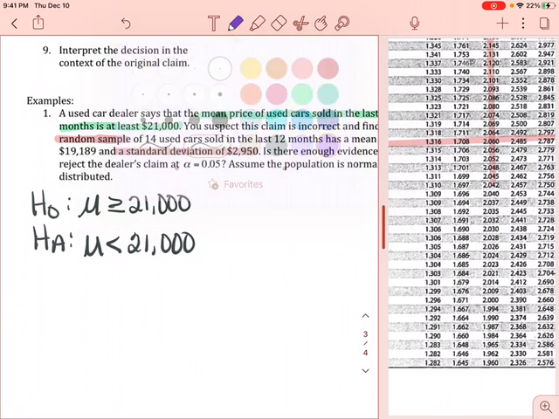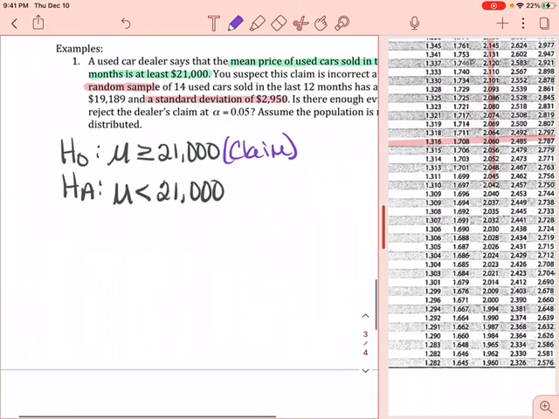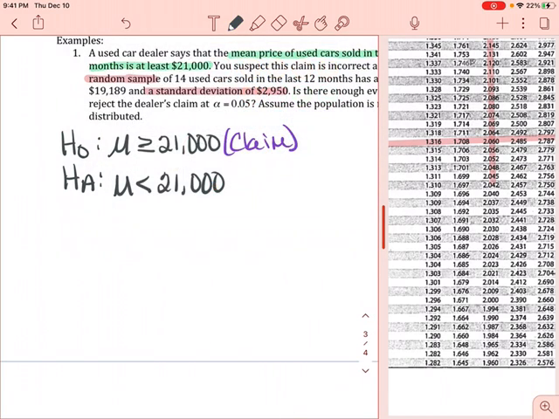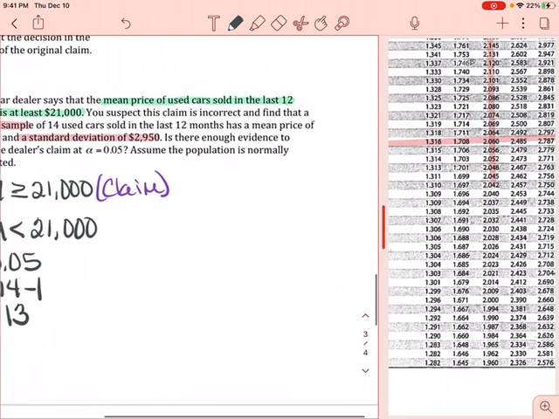And he's the claim, H sub O. Okay. We're going to state our alpha, 0.05. And while we're here, let's state our degrees of freedom. So it's going to be 14 minus 1, so 13. So that's what we're going to use there. Okay. All right, so let's do our test statistic.